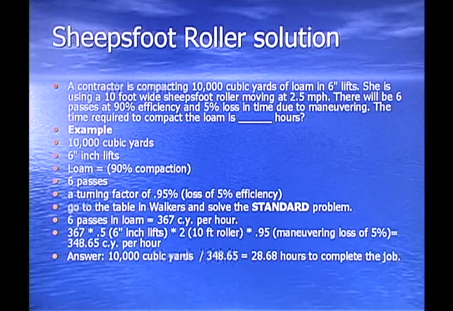So 10,000 cubic yards divided by 348 yards an hour means it's going to take 28.68 hours to complete this job. When you solve all these problems out of Walker's, it's basically like the sheepsfoot roller problem.